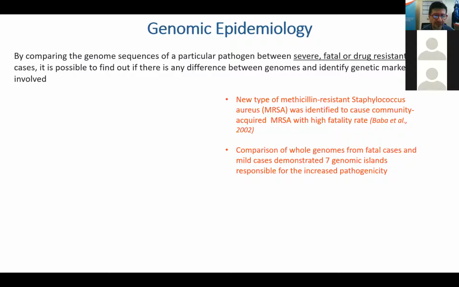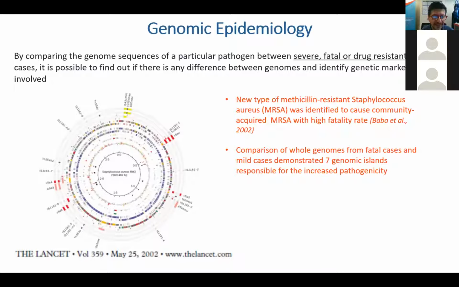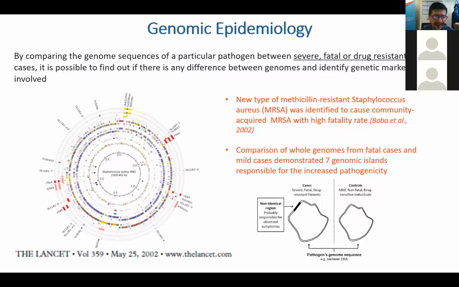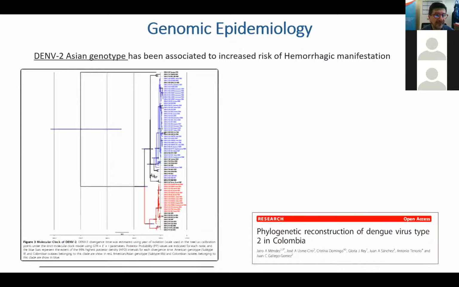Through a comparison of different genomes of fatal cases compared to mild cases, we were able to find at least 7 genomic islands in the complete genome of the bacteria, which were associated to the greater lethality. And that can be seen here very simply, comparing the genomes between the severe and the mild cases.